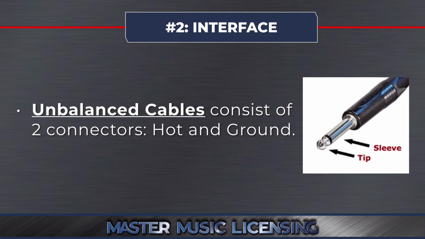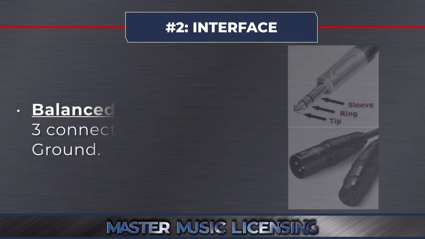So if you have a really long quarter inch unbalanced cable, you have a high likelihood of picking up some unwanted radio frequencies that are just traveling throughout the air. And then that has potential to find its way onto your recording or through your amplifier. So unbalanced cables do not protect us from extraneous frequencies and radio signal that might get in the way. That's where balanced cables come in.